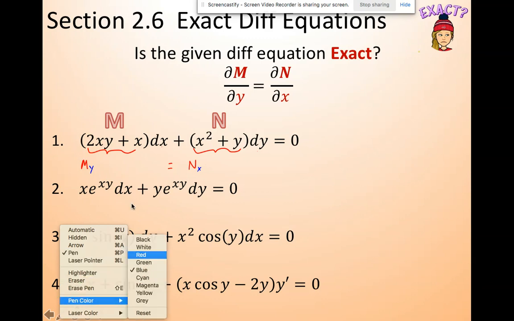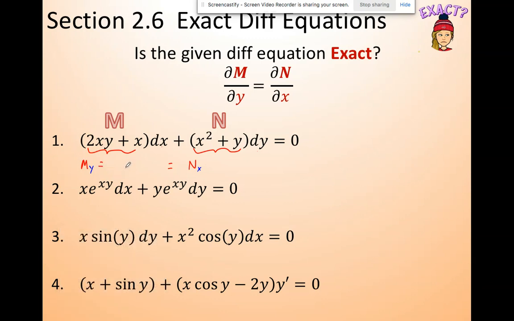Thank goodness we did practice partial derivatives in multivariable. So that's just 2x, and the partial with respect to x of n is also 2x because the y's go away. They are equal, therefore, yes, this is an exact differential equation, which means I can use the method of going backwards to find the solution.